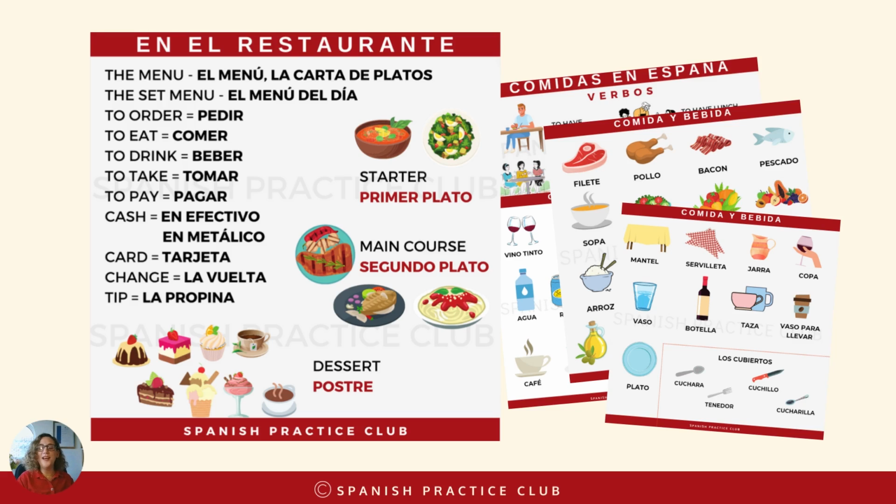some of you may know that in Spanish, we've got proper verbs to talk about meals. So for example, in the English language, we say to have breakfast, to have lunch, to have dinner. In Spanish, we do not use the verb to have. We do not use the verb tener to talk about meals.